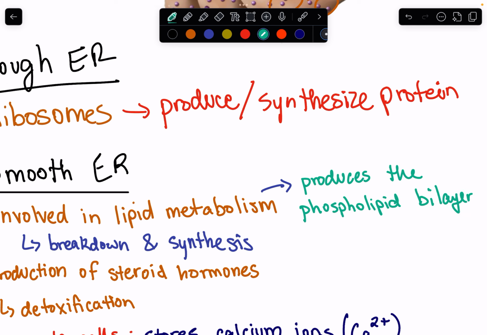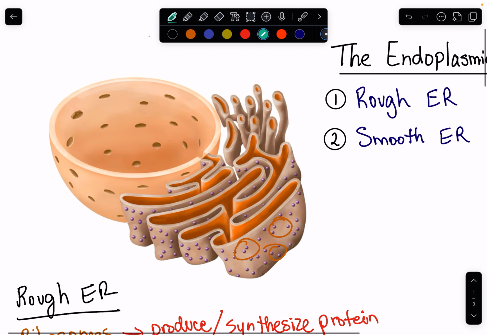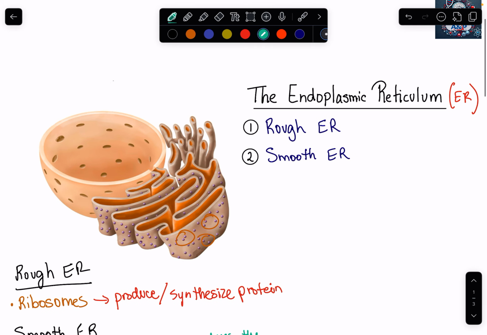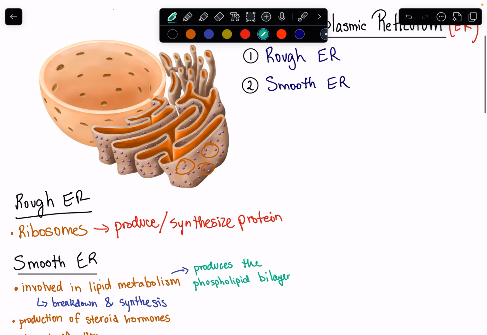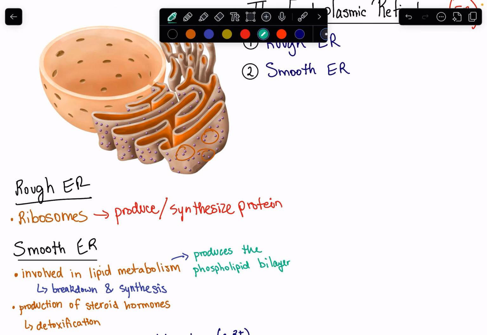That is the component, the membranes that are found throughout the cell. We talked about in our first video classifying the difference between eukaryotic cells and prokaryotic cells. Well, for these eukaryotic cells, the smooth ER is also responsible for the production of that phospholipid bilayer.